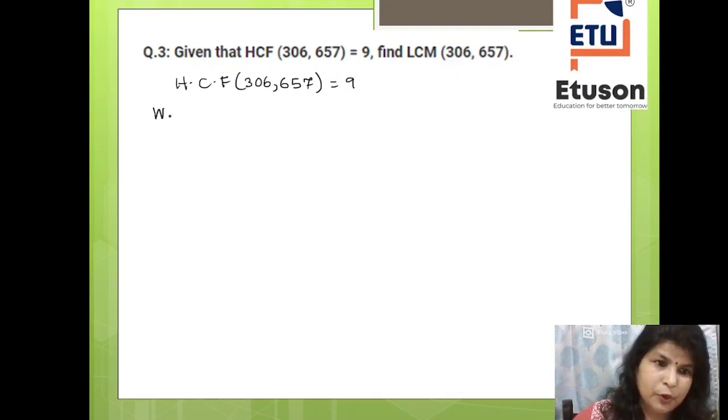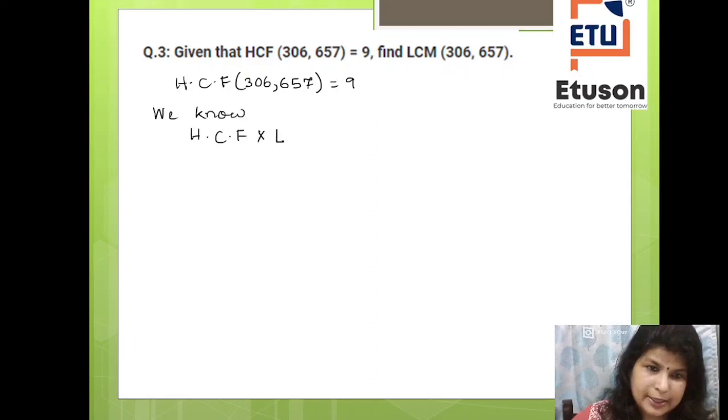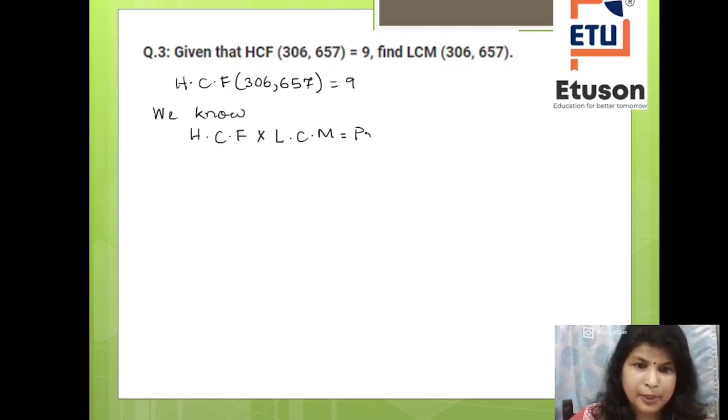So we know HCF into LCM is equal to the product of the two numbers.